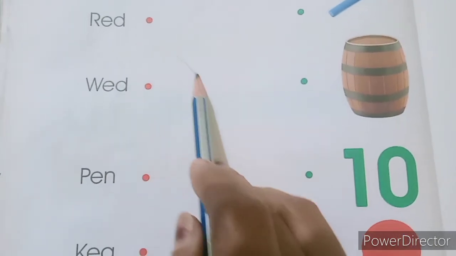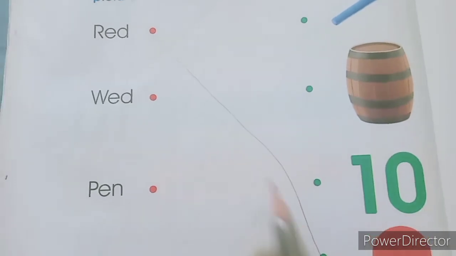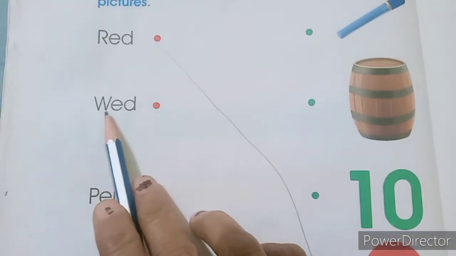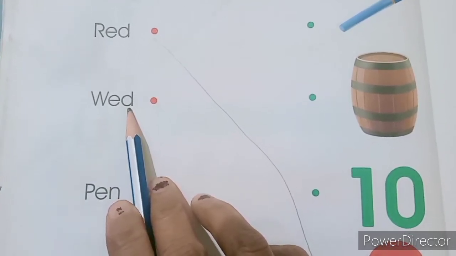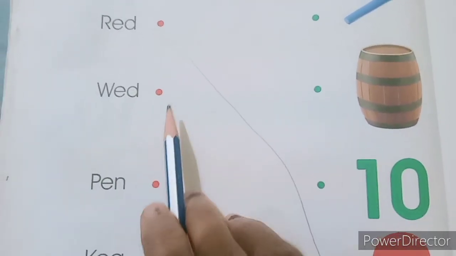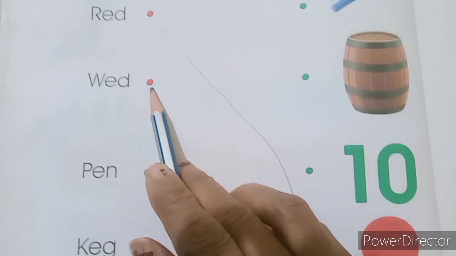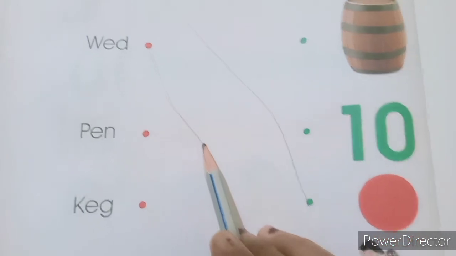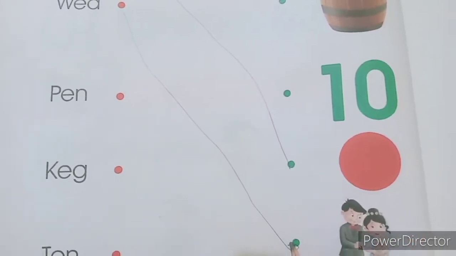So you have to match with a red color. Okay. Now W-E-D, wed. What is the meaning of wed? Newly married. Yes. So we have to match with the wed.